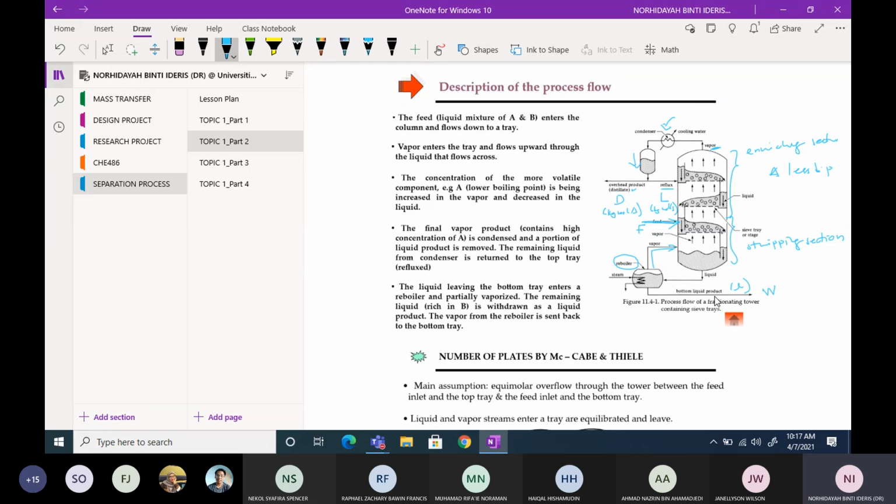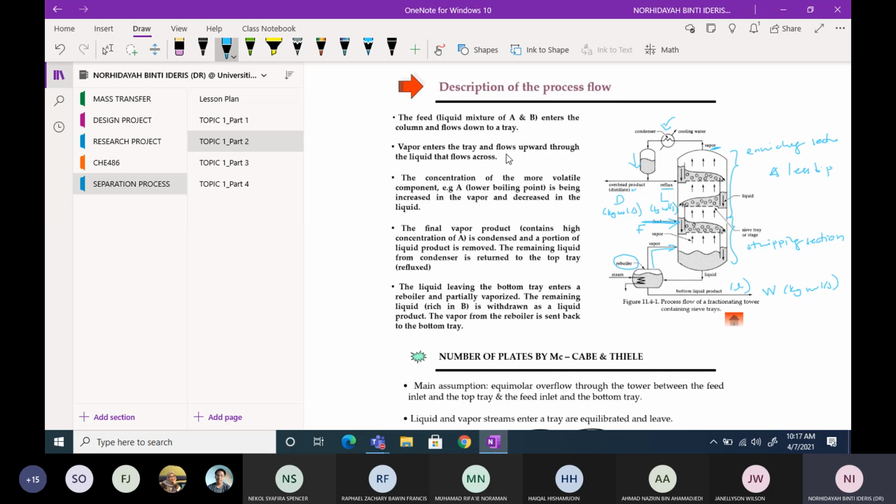And we also have a product in liquid form coming out at the bottom part, which we label as W, also in kilogram mole per second. So this is the system that we discuss today. We call it continuous distillation or rectification, and this system usually consists of two things: the condenser and the reboiler. So that's a brief explanation about this.